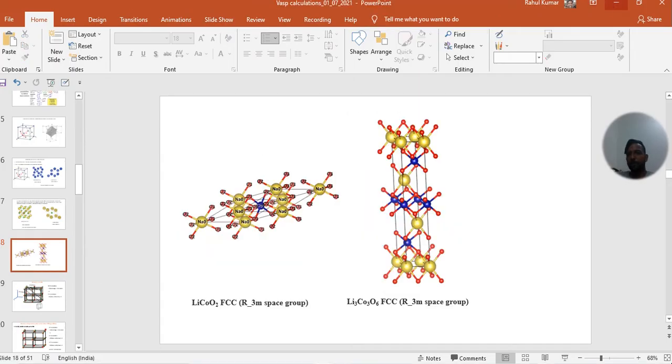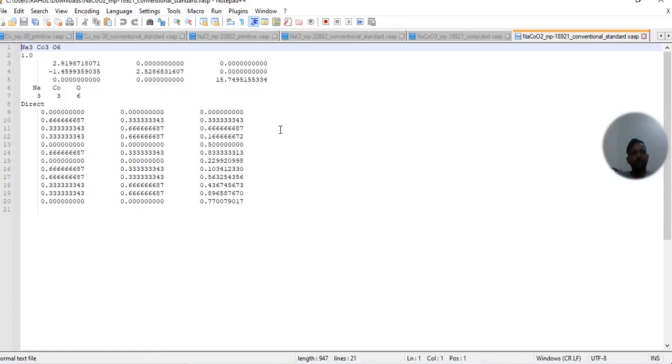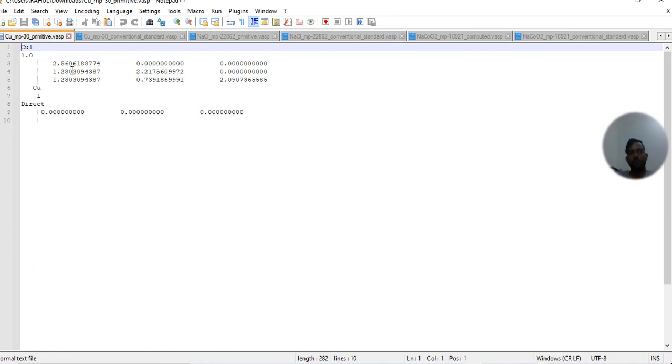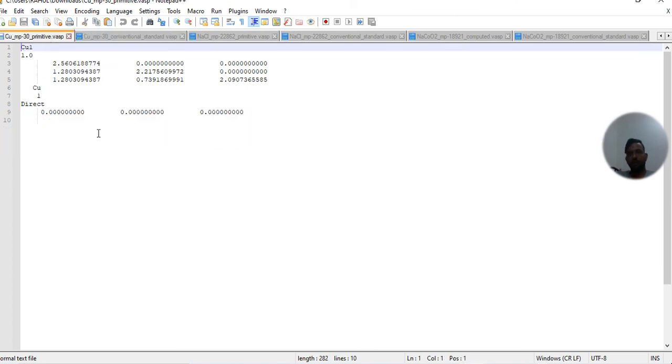Now I will go to my notepad. If you see the copper conventional standard, you can see this copper has 4 atoms, and it is printing just 4 coordinates. If you go to the primitive, it is printing just 1, because it is considering the copper only at the corner, since the primitive cell contains copper at the corner.